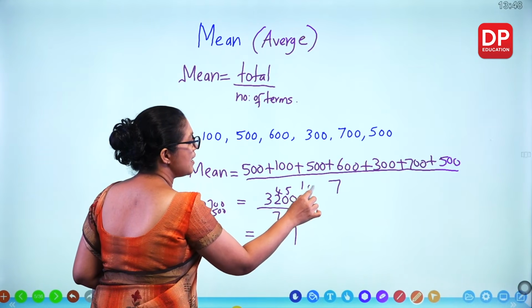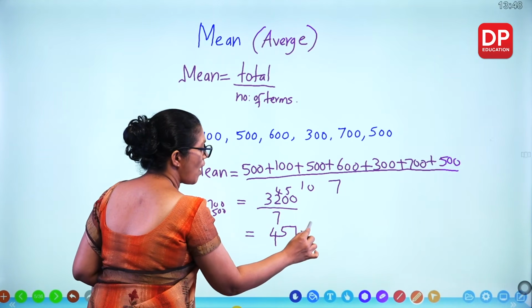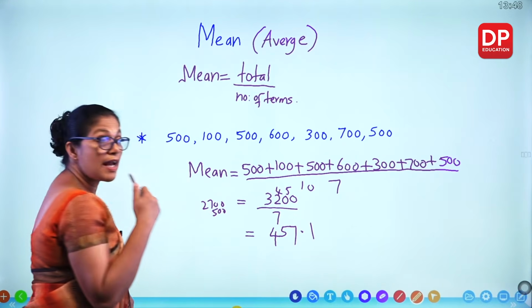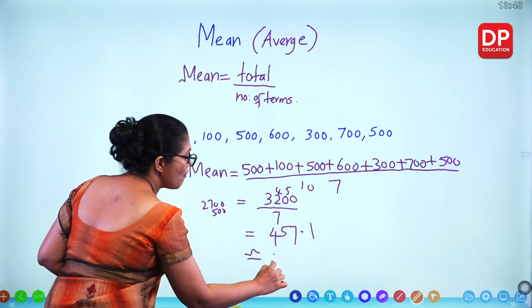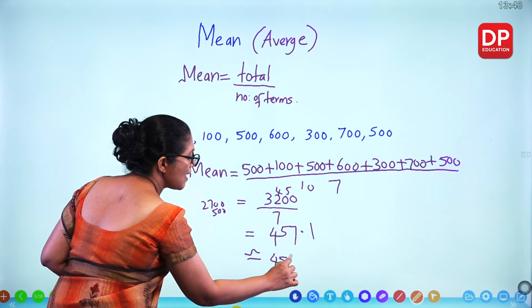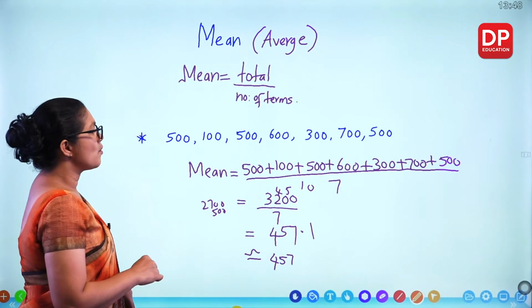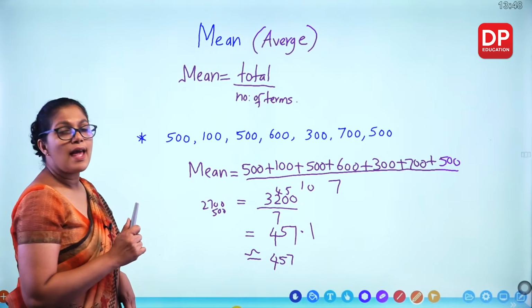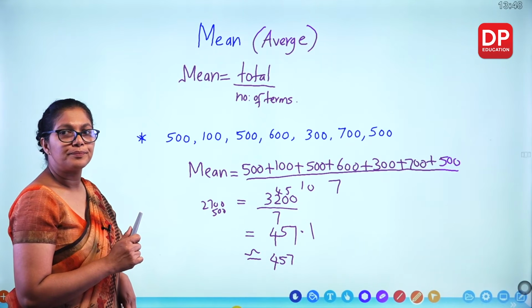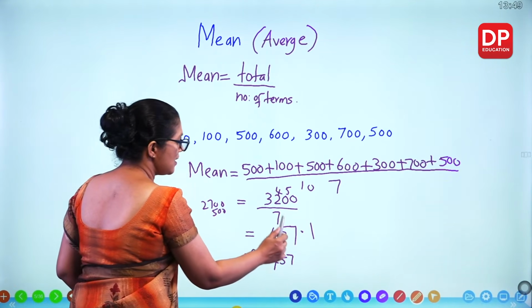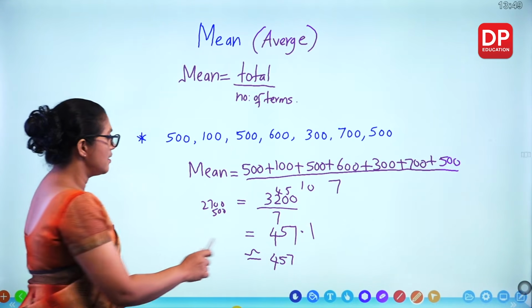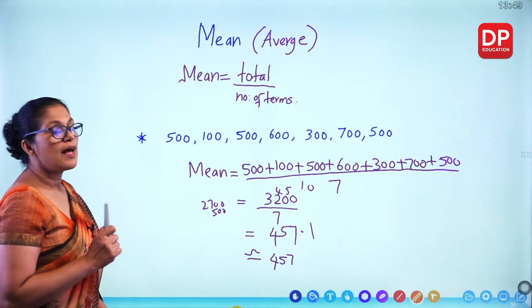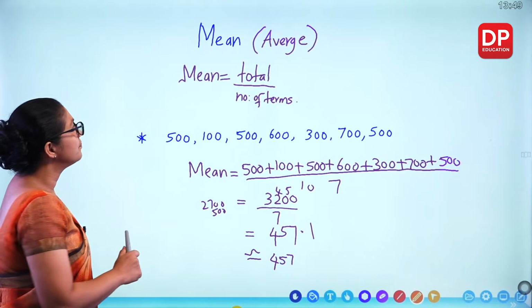And 1 remaining for 10, that's like 1. So if we round it to the nearest whole number, roughly 457 coconuts sold as the average number. So what's the answer? 457 coconuts as the average number.